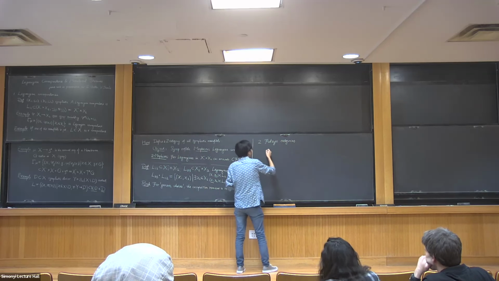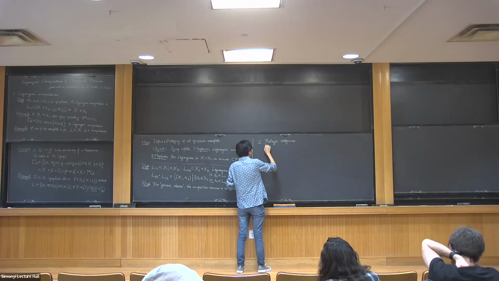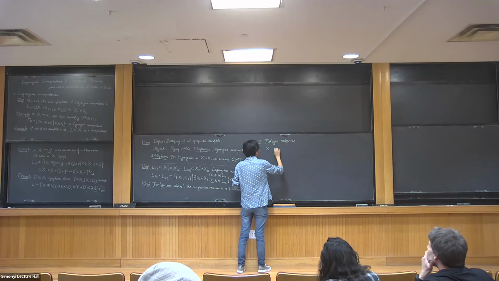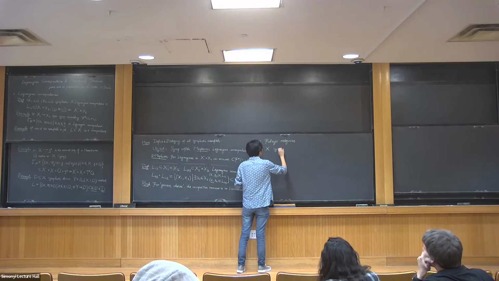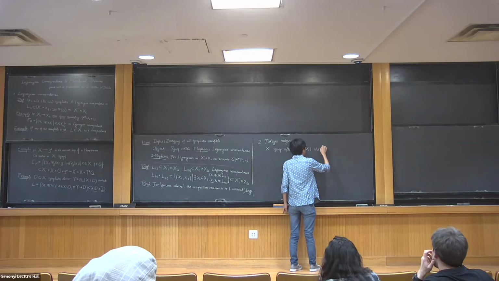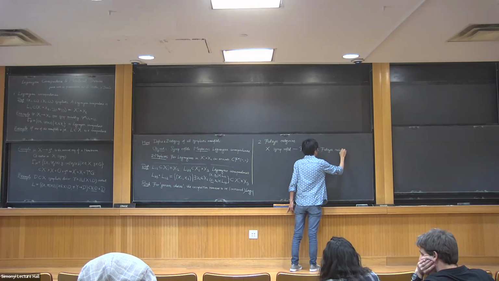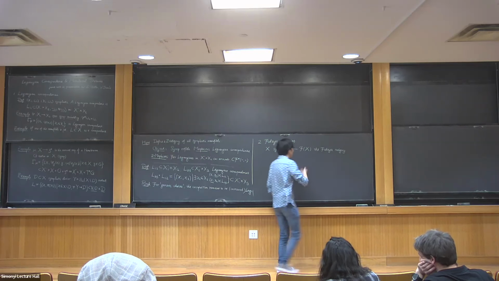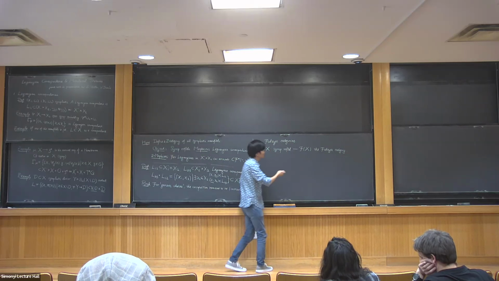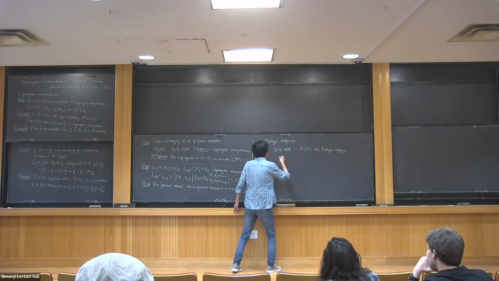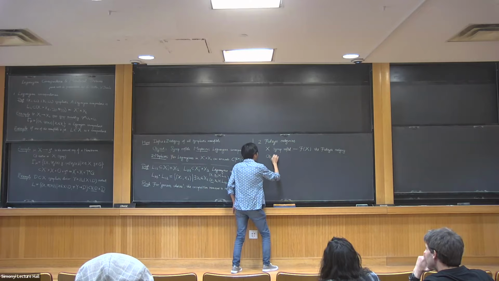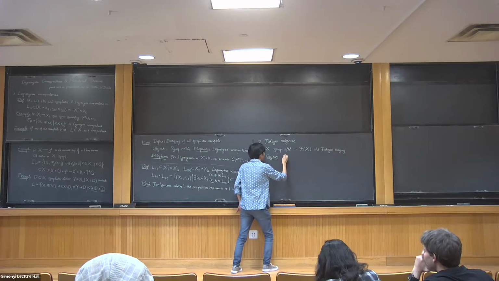And what a Fukaya category is: for a symplectic manifold, we assign, let me write F(X) for the Fukaya category of X. And the Fukaya category is a category. Okay, it is not strictly speaking one category, but the Fukaya category, as a category, should have objects and morphisms.